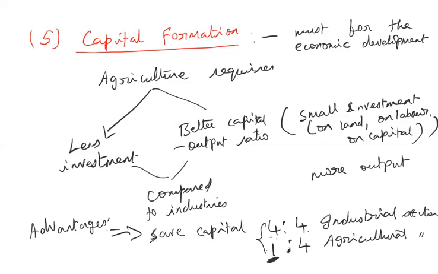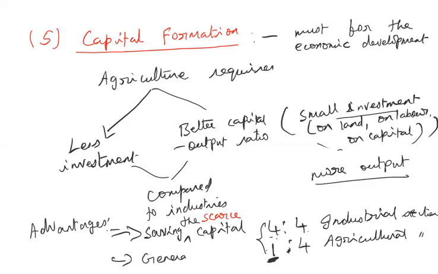So we are saving the scarce capital which is available in our country. That is one thing we are doing. And small investment, more output in the agricultural sector. So that more output will create surplus. So we are able to generate surplus from the agricultural sector.